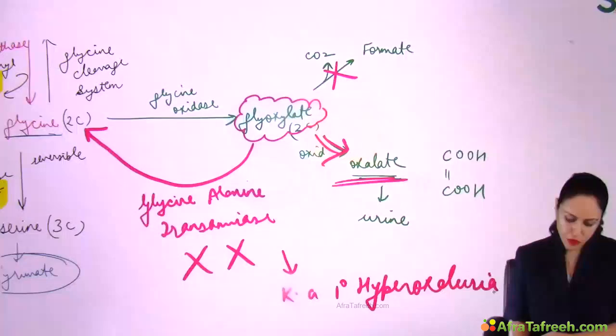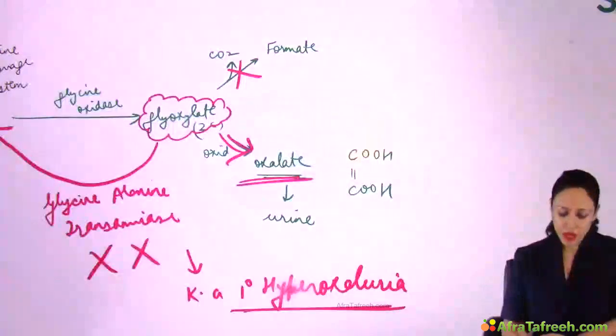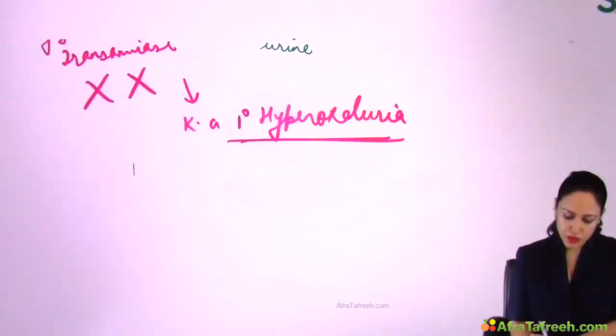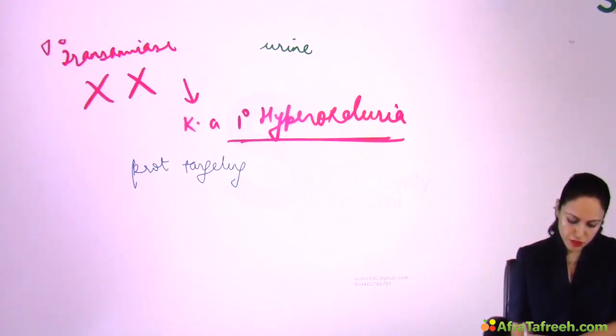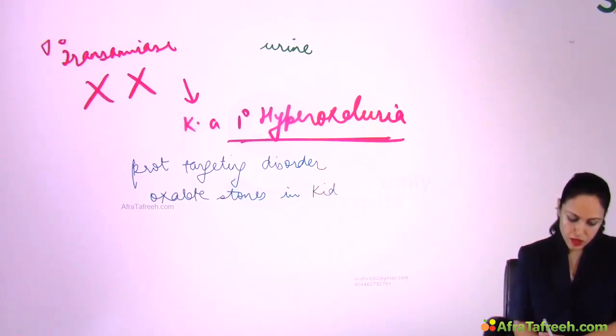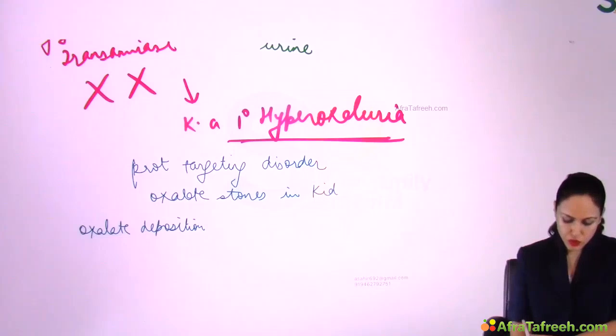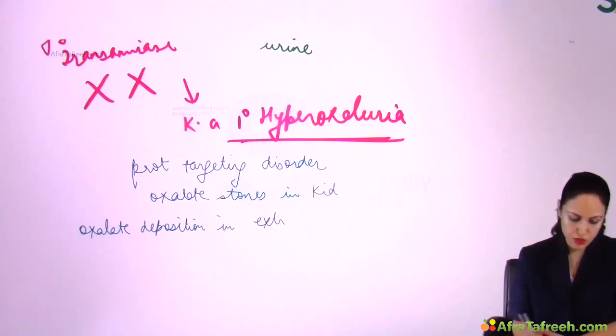Primary hyperoxaluria is actually a protein targeting disorder. These patients have oxalate stones in kidneys. There is also oxalate deposition in extrarenal tissues, also in kidneys, also in extrarenal tissues.